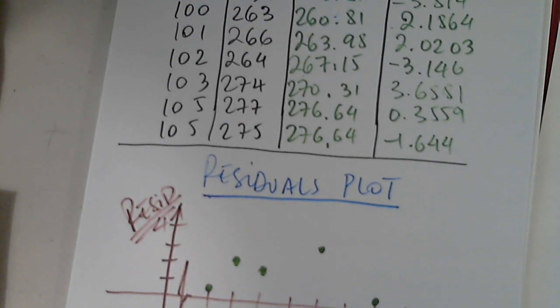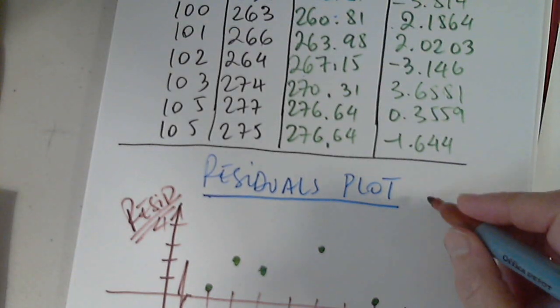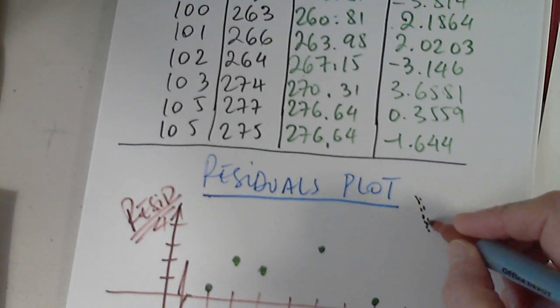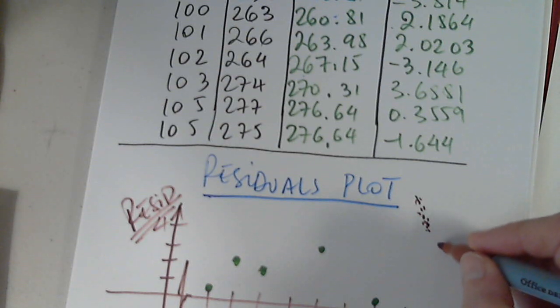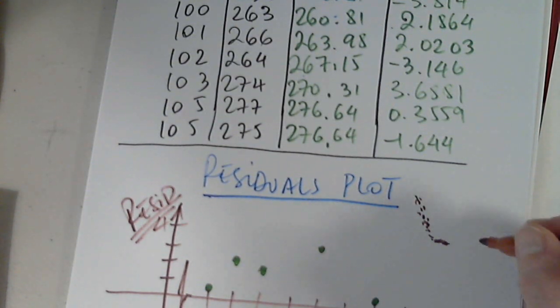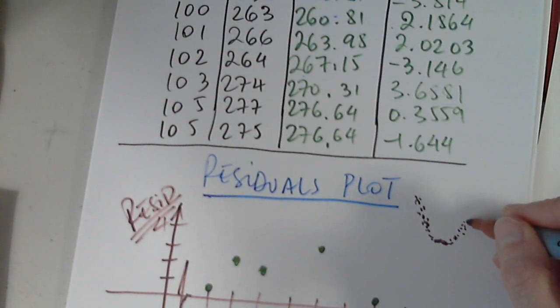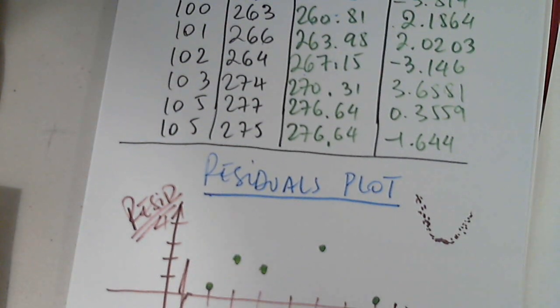Question for you. Do you see any pattern? By pattern I mean something like the data decreasing, then maybe staying kind of stagnant, and then increasing. Do we see any pattern in the residual plot?